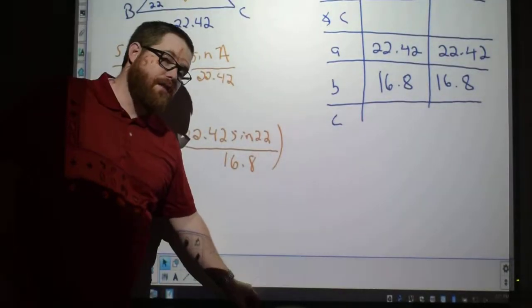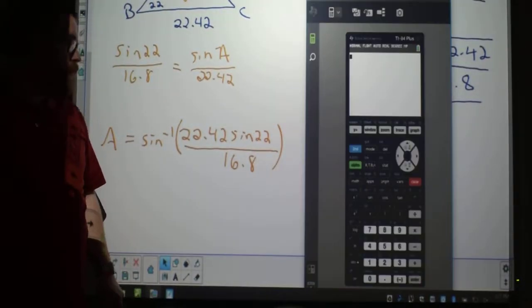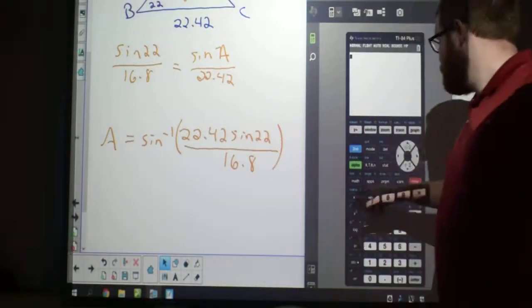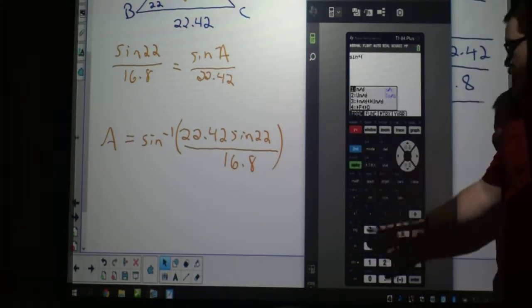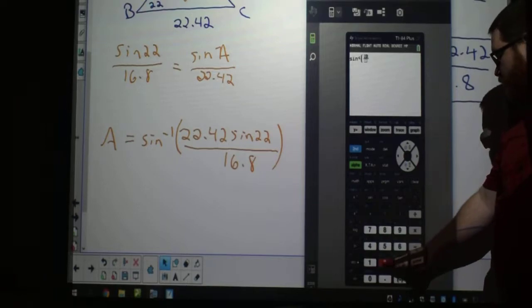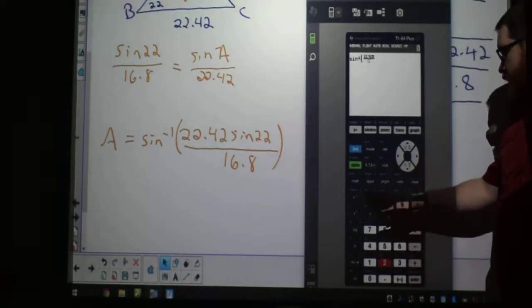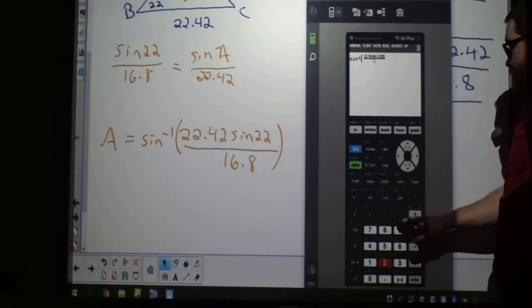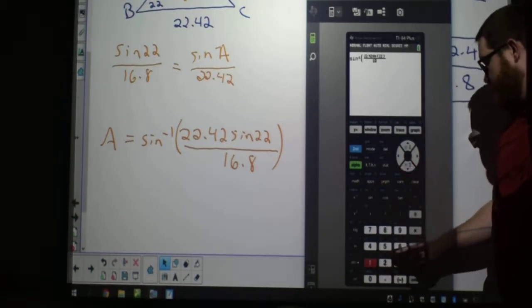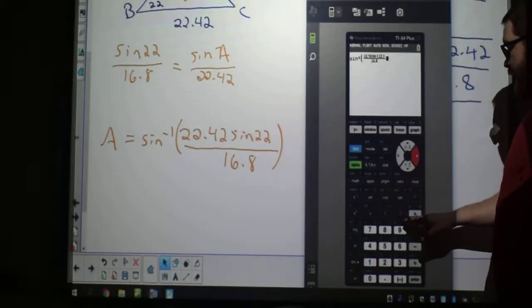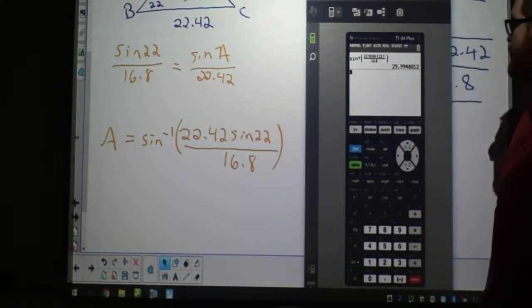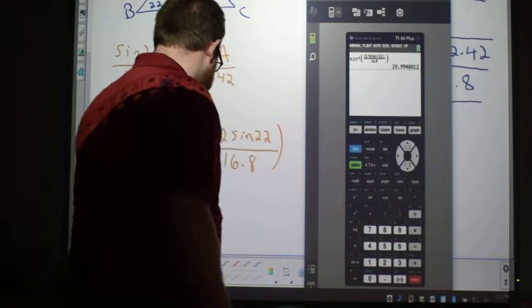Now I'm going to type all of that in my calculator at one time so I don't make mistakes: second, sine inverse, 22.4, sine of 22, divided by 16.8. Some of these problems I'll work out completely, other ones I'll just tell you the answer. This one ends up being 29.995.